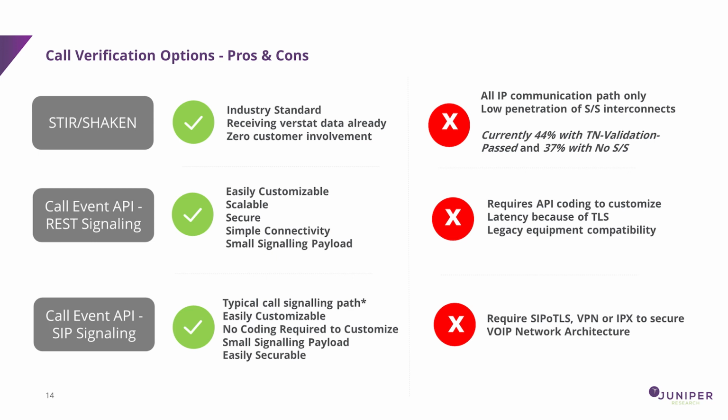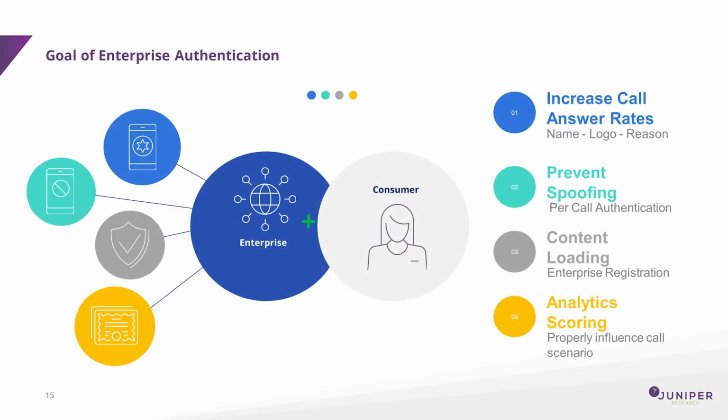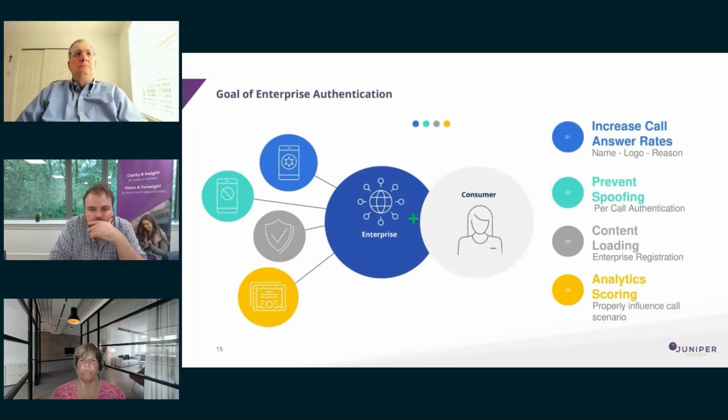Thanks, Jim. So the overall four goals of enterprise authentication: first and foremost is to increase call answer rates. We see this specifically in healthcare. A missed appointment, a missed telehealth appointment really has a negative impact on the business, on the ROI of the business. So increasing call answer rates is a top priority.